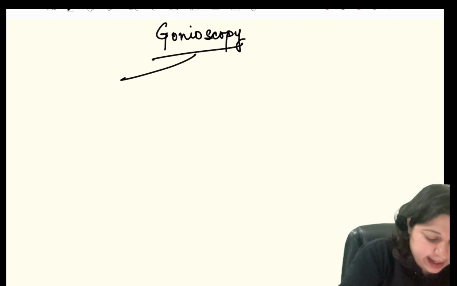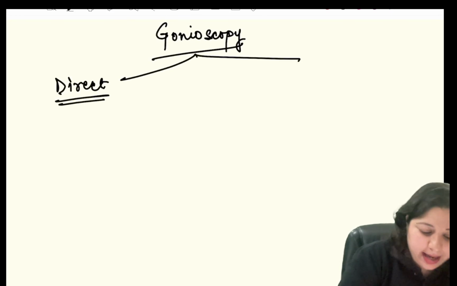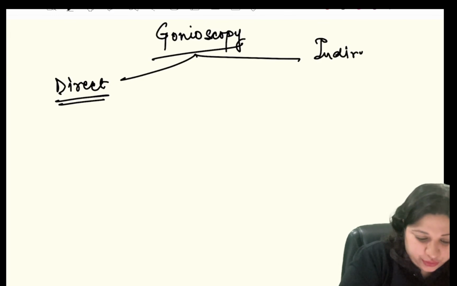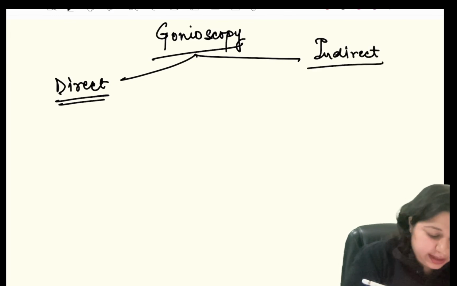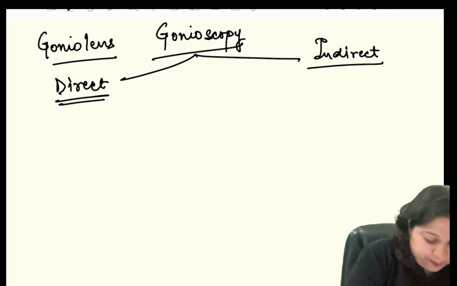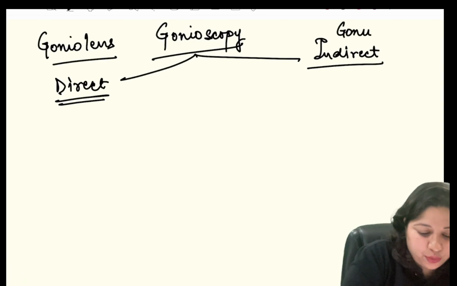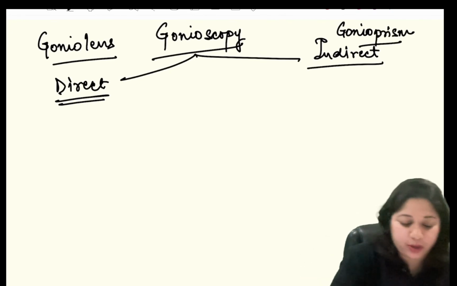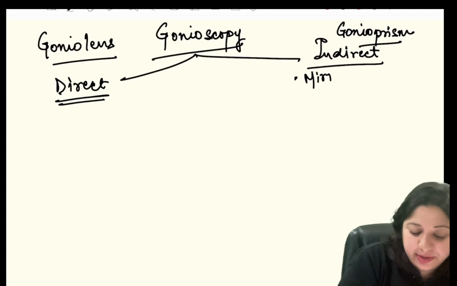when we talk of gonioscopy, let's quickly revise. We know there is a direct gonioscope and there are indirect gonioscopes, right? So these are called as goniolens and these are called as gonioprism, right? Why prism? Because they have mirrors.